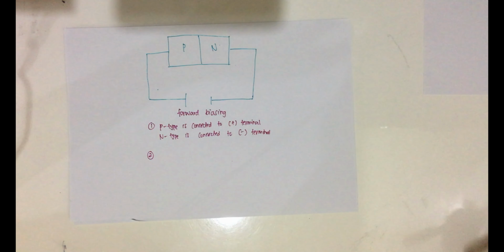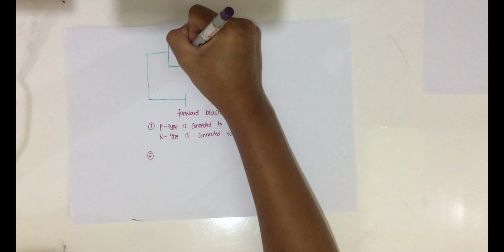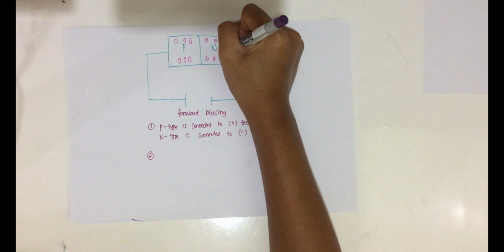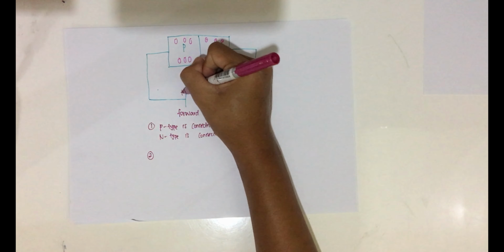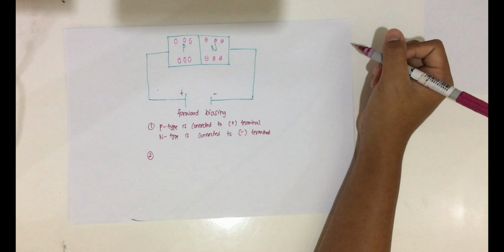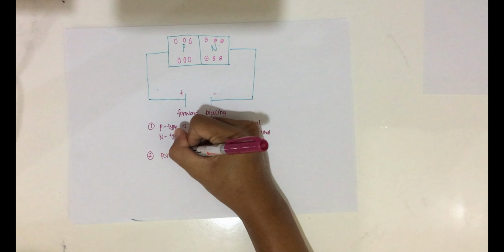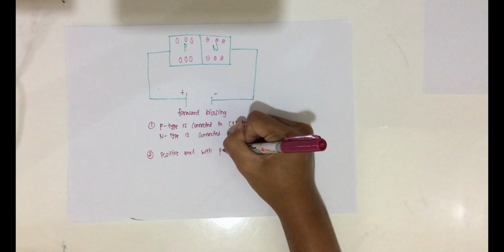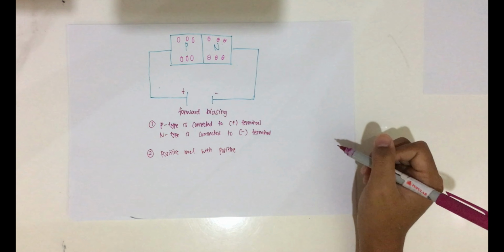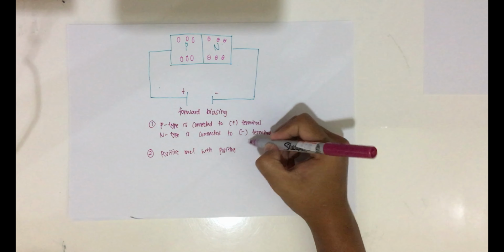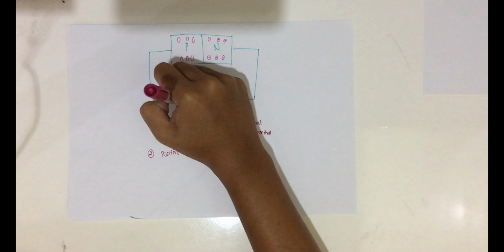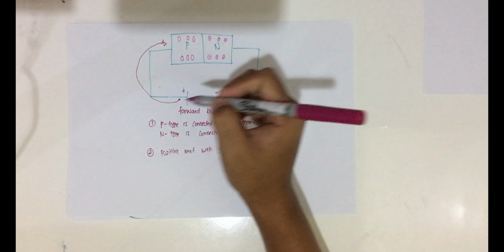Okay, so how the process of forward biasing can occur? As we know that in P-type semiconductor, it is rich with holes, and in N-type, it is rich with electrons. So as we know that this is positive terminal and this is negative terminal. As we learned before, when positive meets with positive, it will make the repel process occur. So the positive charge here will push the holes towards the junction.